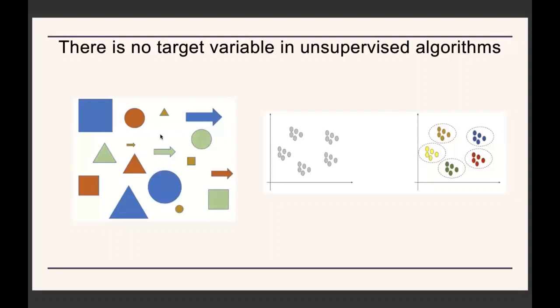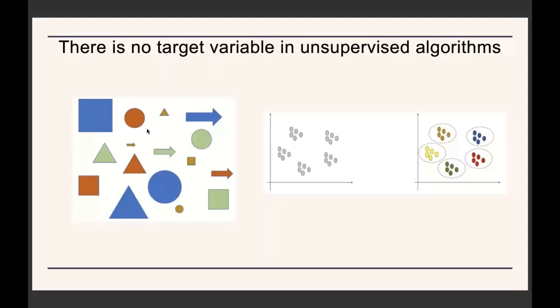No, we have the algorithm. Like in the figure, you can see that if you segment them by colors, it will be a different cluster. If you aggregate and combine them by shapes, it will be a different cluster, right? And if you classify them by size, it will be a third dimension.